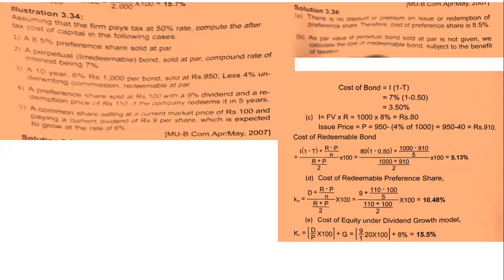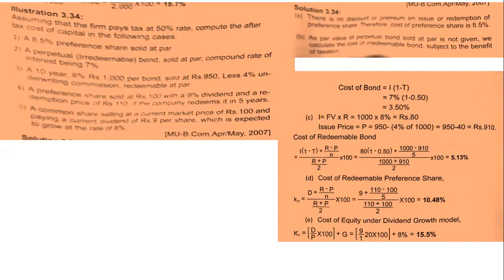Now here, before going for the solution, we have to concentrate on a few things. First one: it says that there is no discount or premium on issue or redemption of preference shares. Therefore, the cost of preference share is 8.5%. So in the first situation, an issue of 8.5% preference shares sold at par, the cost is equivalent to the rate of dividend.